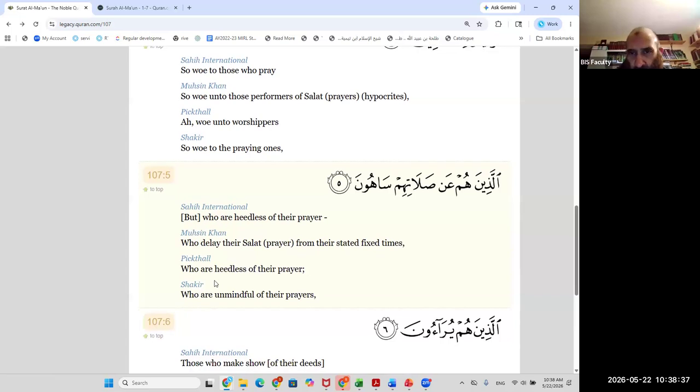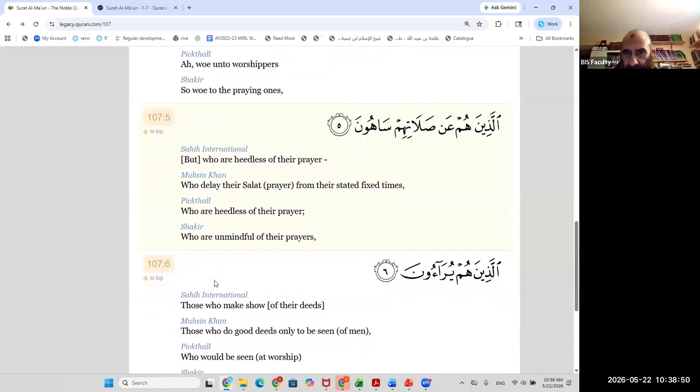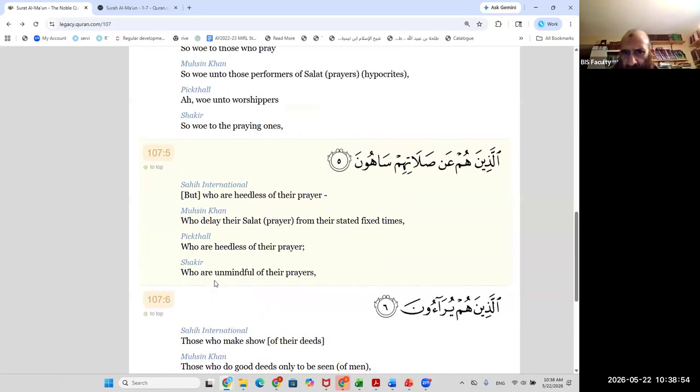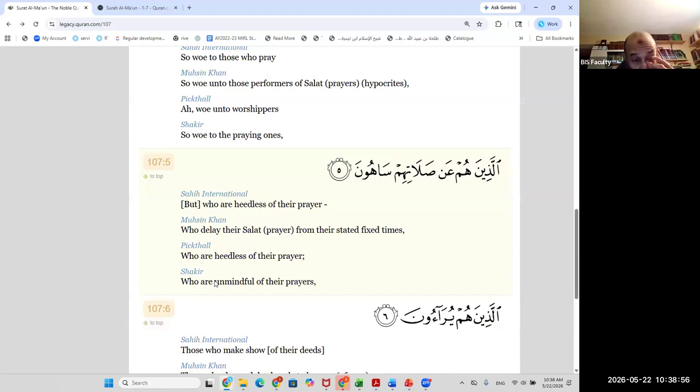Okay. Sahun, which other word do you know from this root? Saha. Yeah, sujud as-sahu. But as one of the early Mufassirin pointed out, this verse is saying an salatihim sahun, not fi salatihim sahun.